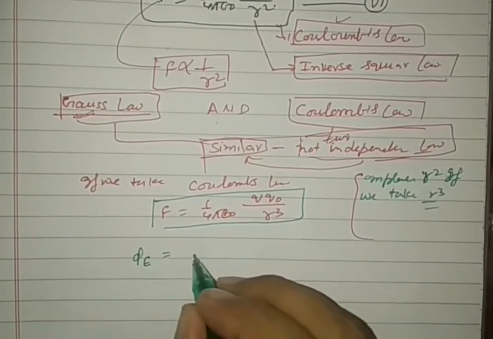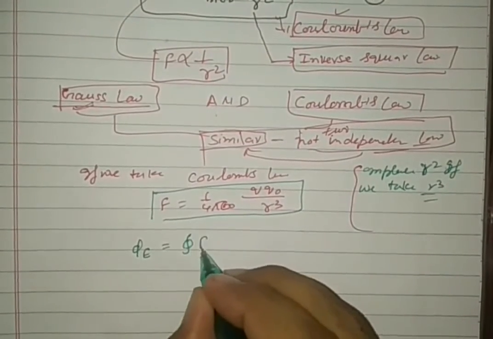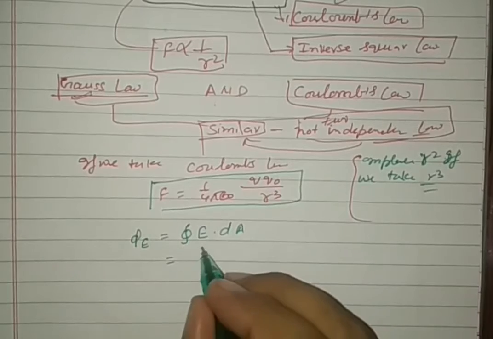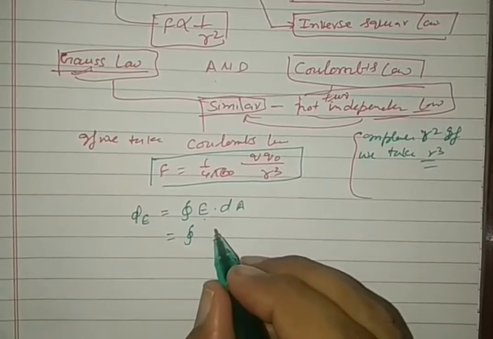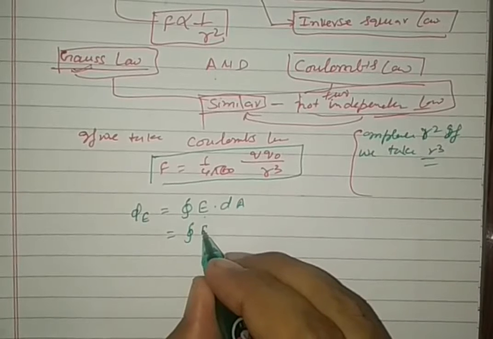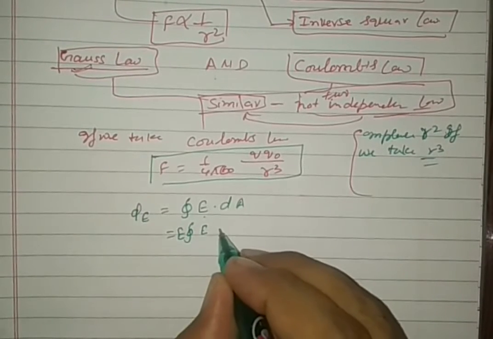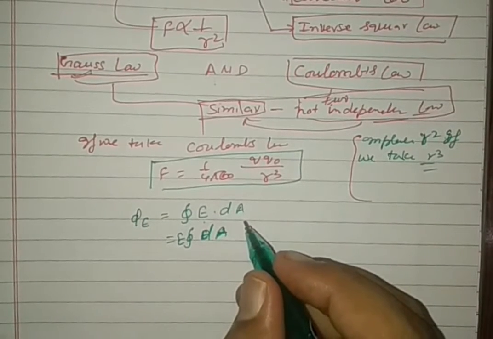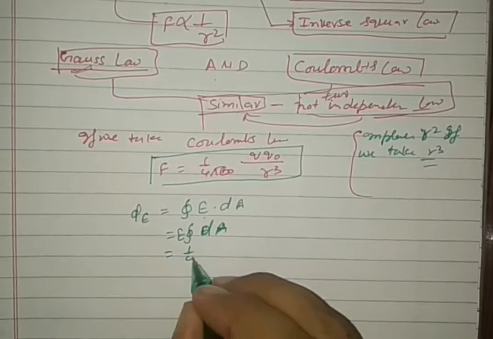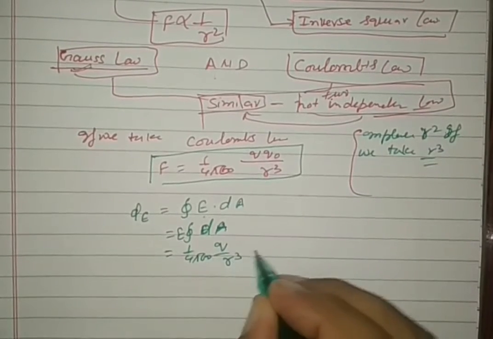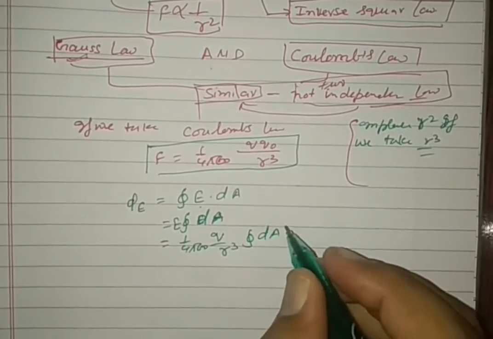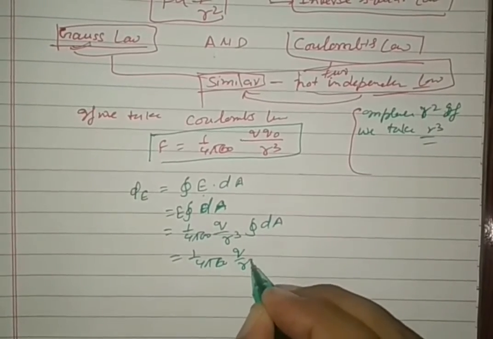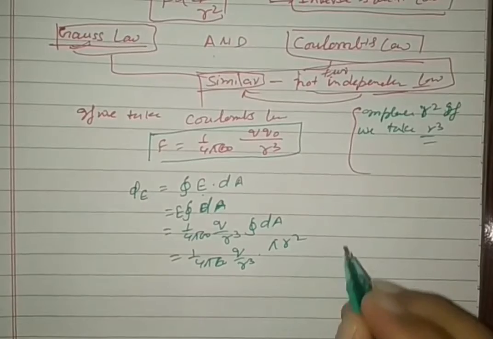Phi is given by the formula closed integral E dot dA. E we can take common, it is closed integral dA only. And if we write E is equal to 1 upon 4 pi epsilon 0 Q by R cube, then it will come out 1 upon 4 pi epsilon 0 Q by R cube into total surface area 4 pi R square.